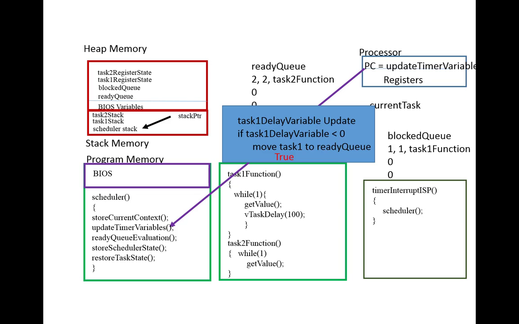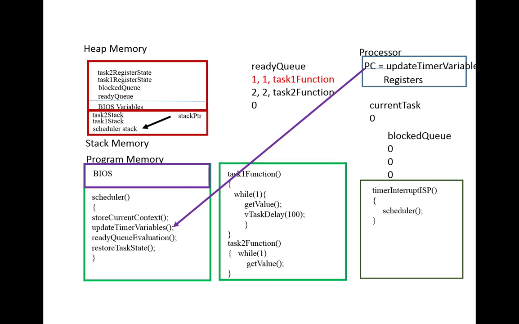Now let's assume at this time that we have actually gone past our 100 millisecond delay. Let's assume this time that the scheduler looks at those variables and says, yeah, we have waited over 100 milliseconds. So what we're going to do is move that task 1 function from the block queue to the ready queue.